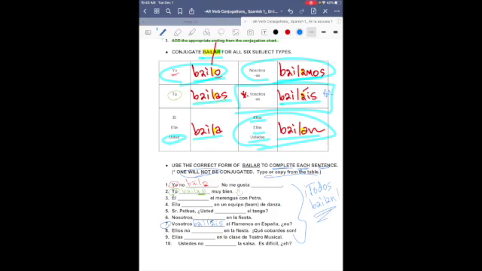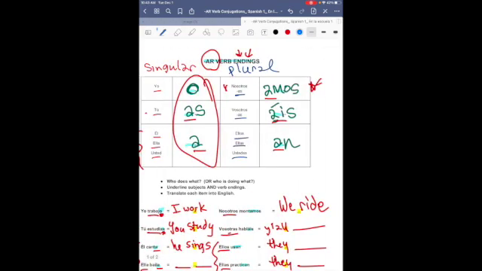Your job is to complete these and turn it in. We will go over this tomorrow. In the meantime, you need to memorize o, as, a, amos, áis, an. In this order. First, second, third person singular.